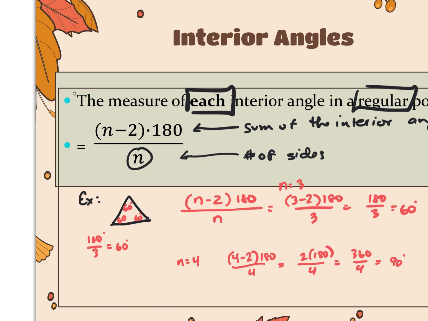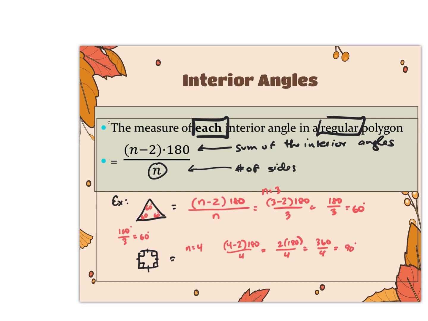So again, this is the formula. You already knew it for a triangle, and you already knew it for a square. However, it's good to know the formula because now you know how to find the measure of each interior angle of a regular pentagon, decagon, octagon, 13-gon, whatever I give you, you can figure out.